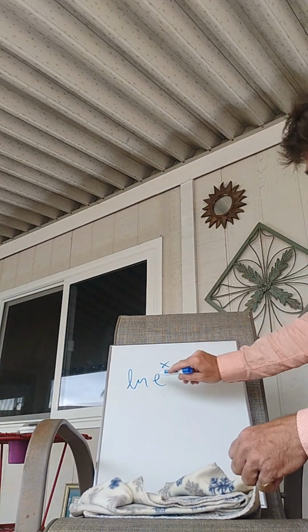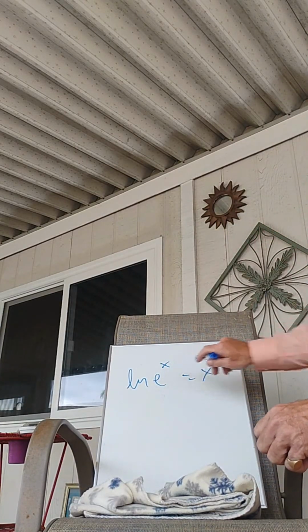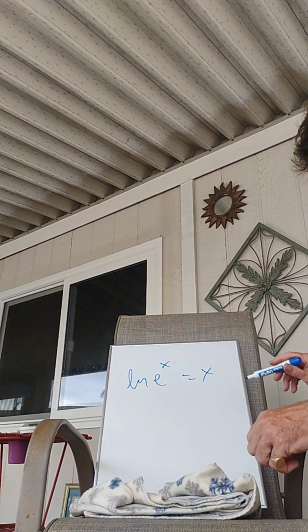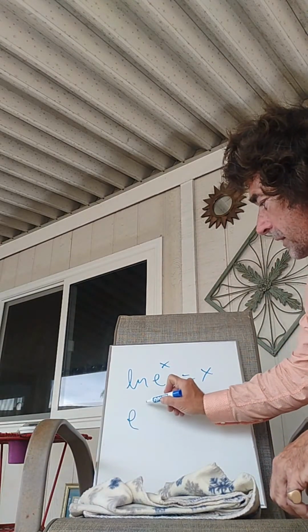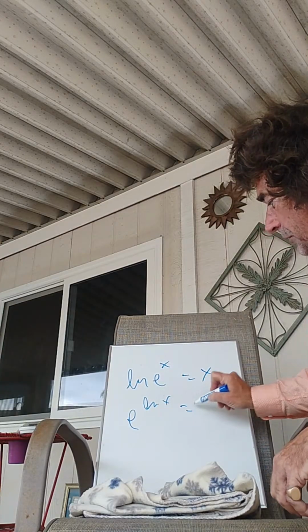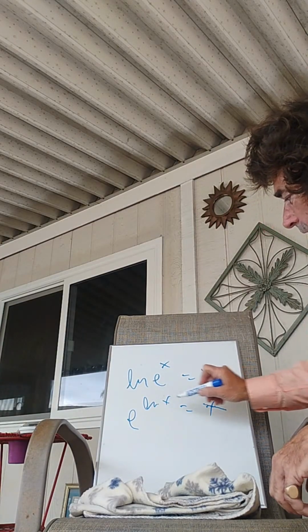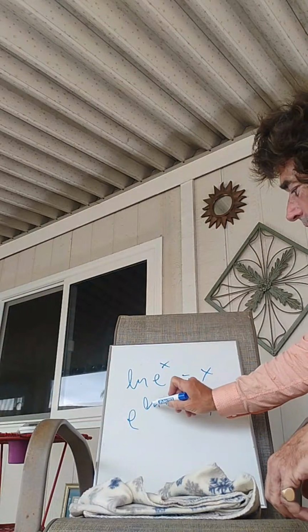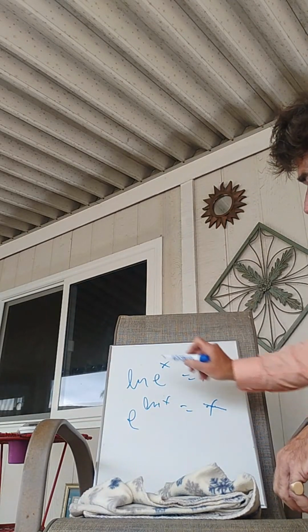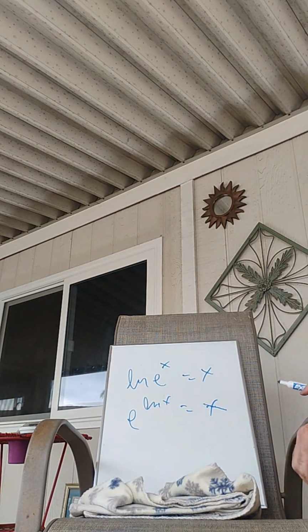So the natural logarithm and the exponential function are inverse functions. One undoes the other, or you can put it another way: e to the log x equals x. The e to the logarithm of x is x, and the logarithm of e to the x is x. So these are inverse functions.